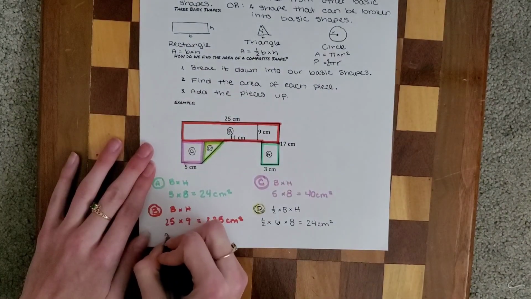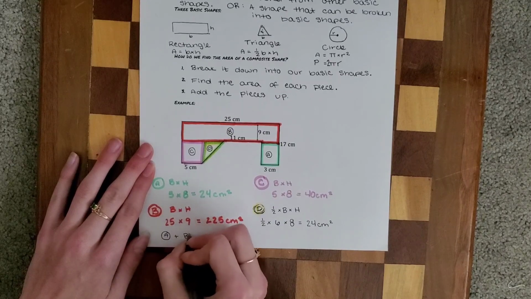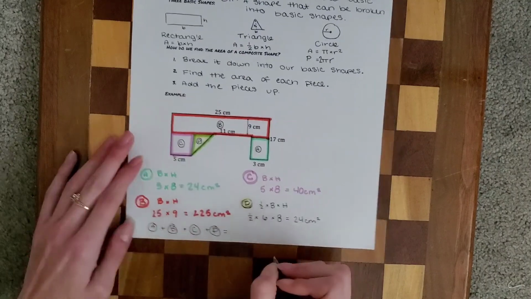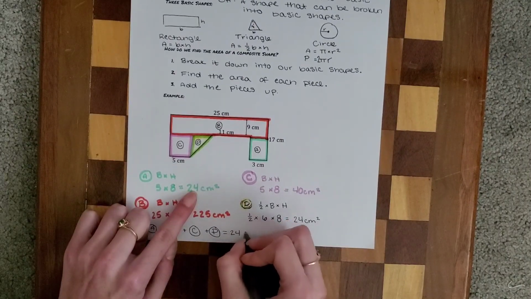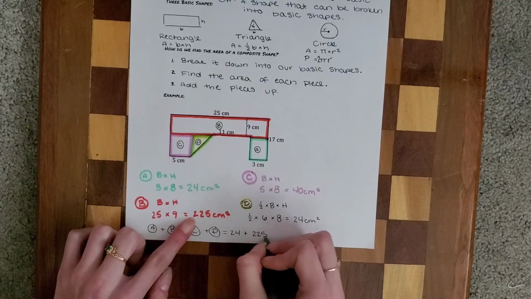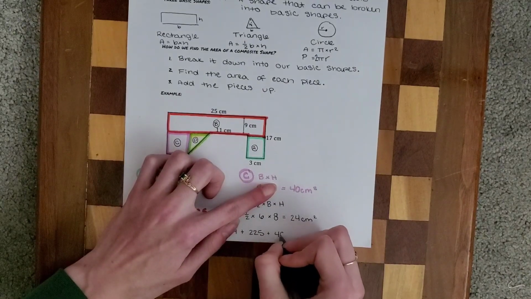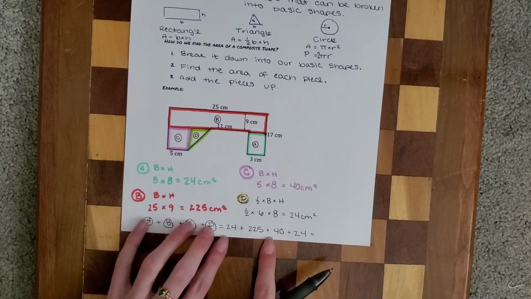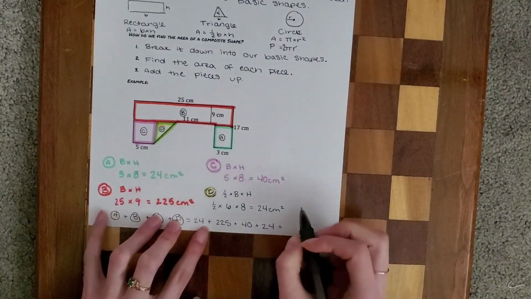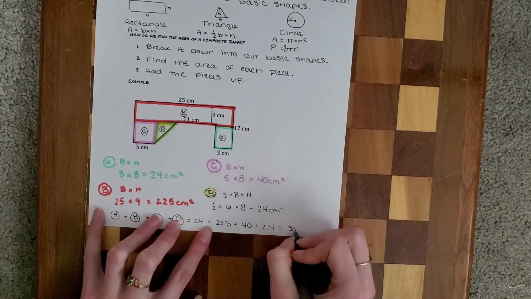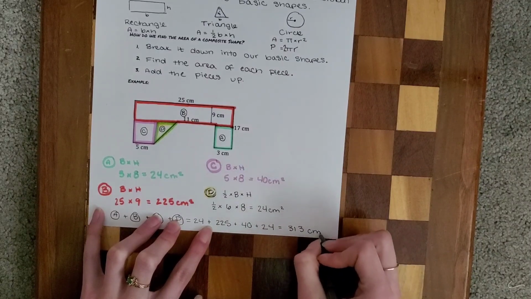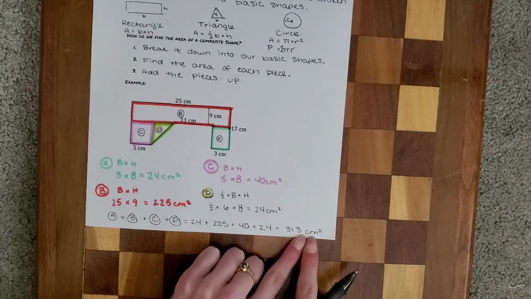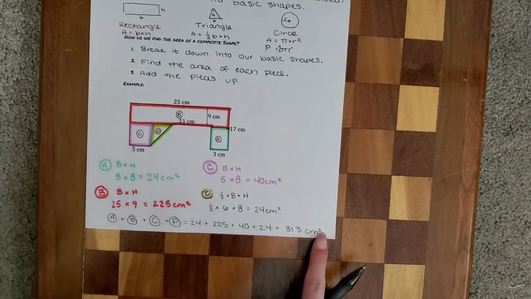And so A plus B plus C plus D, which we know equals 24 plus 225 plus 40 plus 24, which, if we use our calculator and add that all together, we end up with 313 centimeters squared.